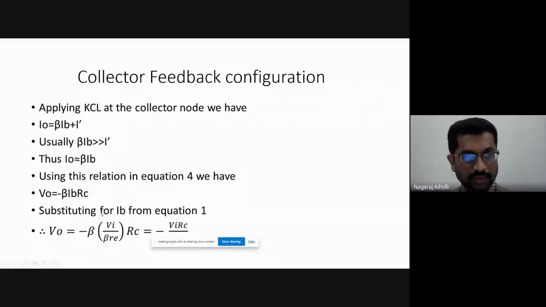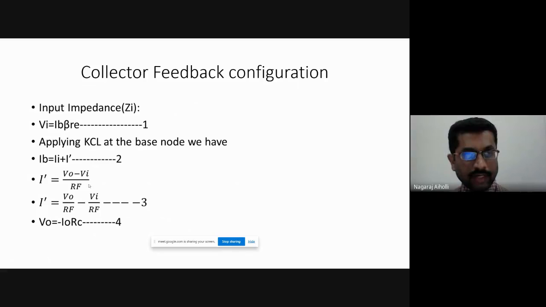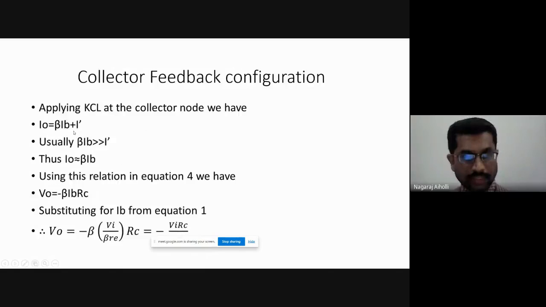Now we'll substitute the equation for IB from equation 1. In the equation V naught equal to minus beta IB RC, let us substitute IB. What is equation 1 here? IB is equal to VI by beta RE. VI is equal to IB beta RE, or IB is equal to VI divided by beta RE. Substitute that.